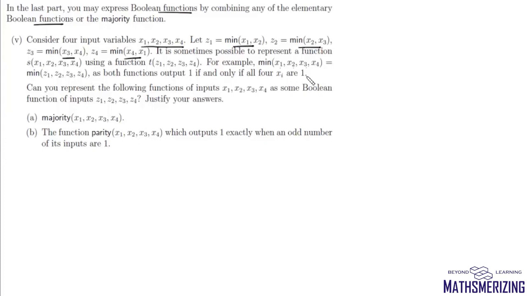Now we have to find whether we can represent the following functions as functions of inputs z1, z2, z3 and z4. The first question is, we are given the function majority of x1, x2, x3 and x4. Basically majority of x1, x2, x3 and x4 will give us the value 1 when the count is greater than k by 2, which is 2.